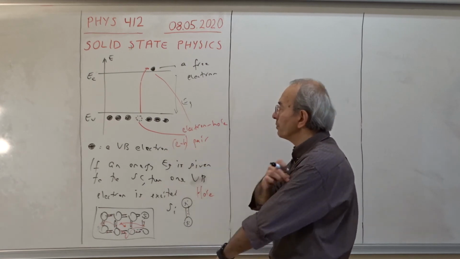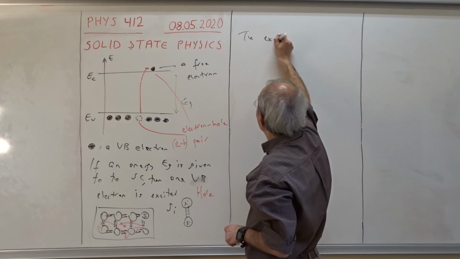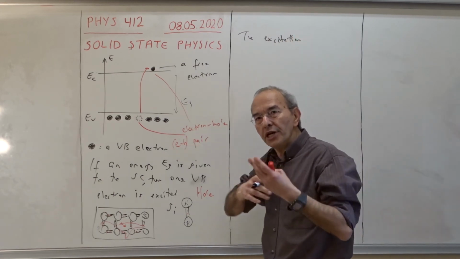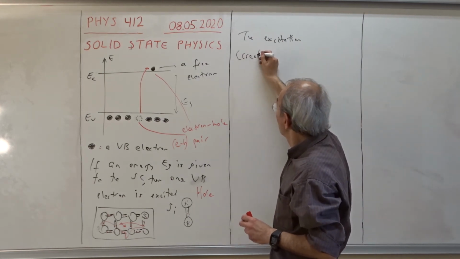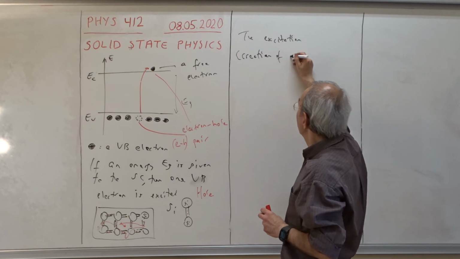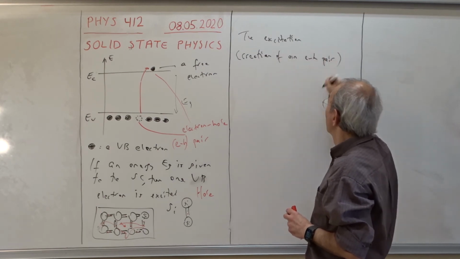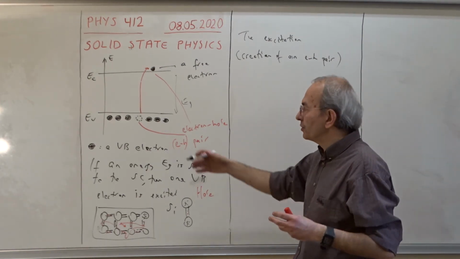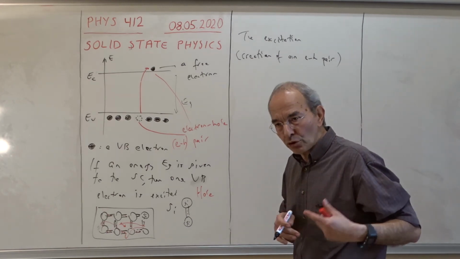This excitation, the excitation here, means creation of an electron-hole pair. Creation of an electron-hole pair is obtained in this case either by heating the sample or by sending some photons.